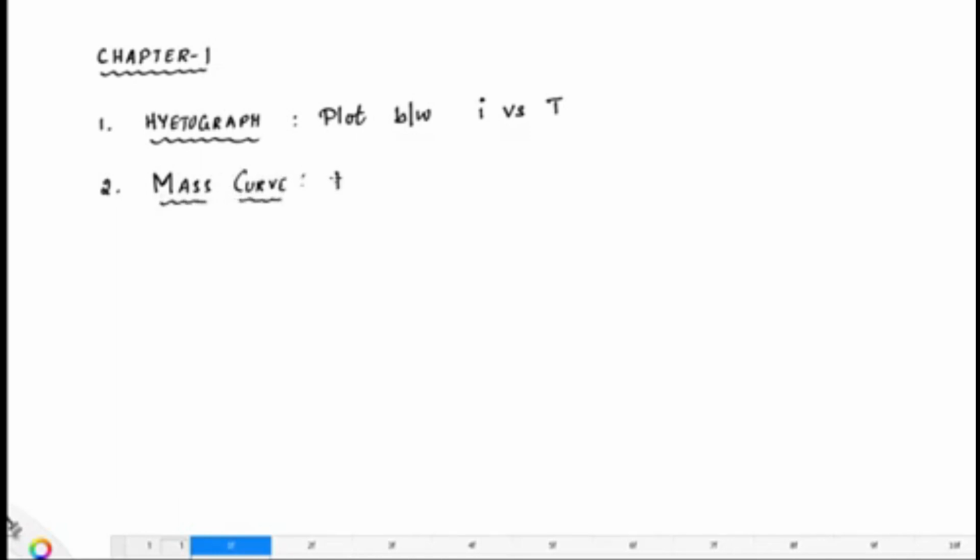So mass curve is a plot between cumulative depth of rainfall versus time.